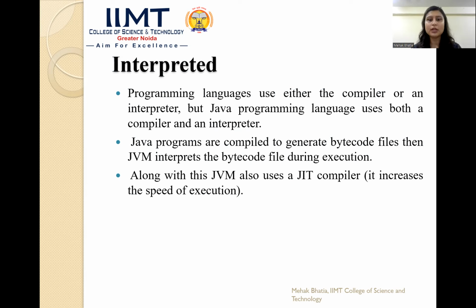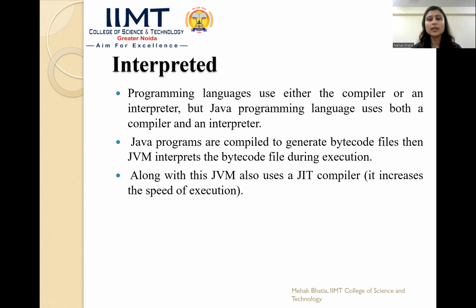Java programs are compiled to generate bytecode files, as we saw in the previous slide with the help of a diagram: when we compile a Java program, a bytecode is generated. Then the JVM interprets the bytecode file during execution. So Java programs are compiled as well as interpreted.